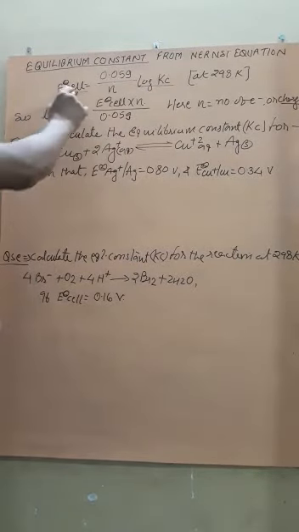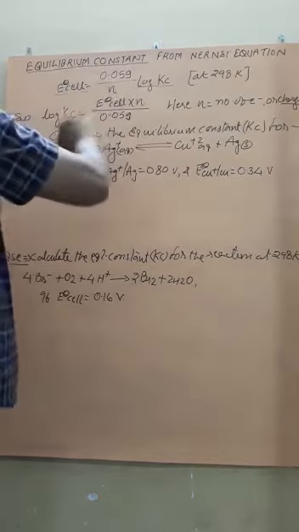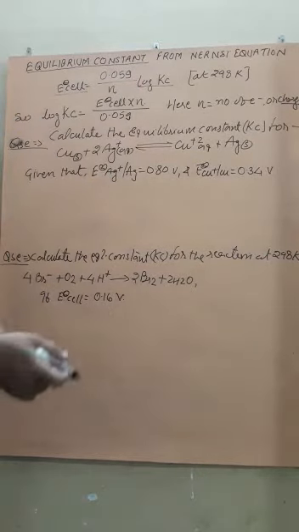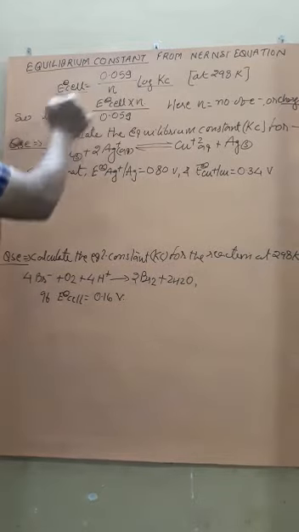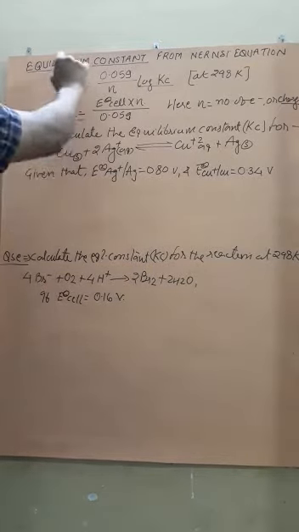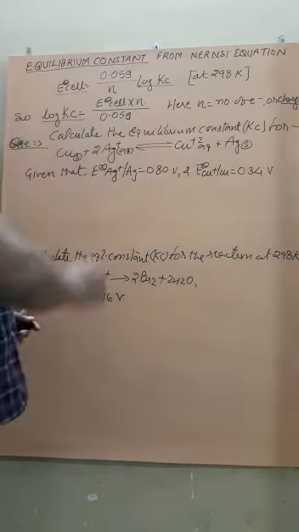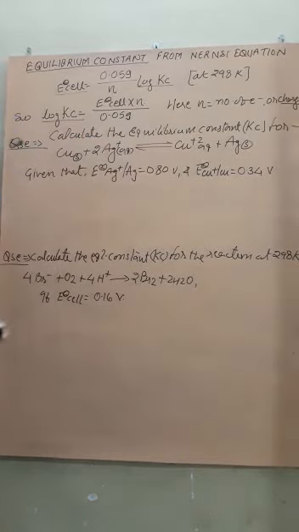So E standard cell is equal to 0.059 upon n. Here n is the number of electrons that participate, that is oxidized or reduced. Or we can simplify the equation, because we have to find the equilibrium constant. So log Kc is equal to E standard cell multiplied by n divided by 0.059.